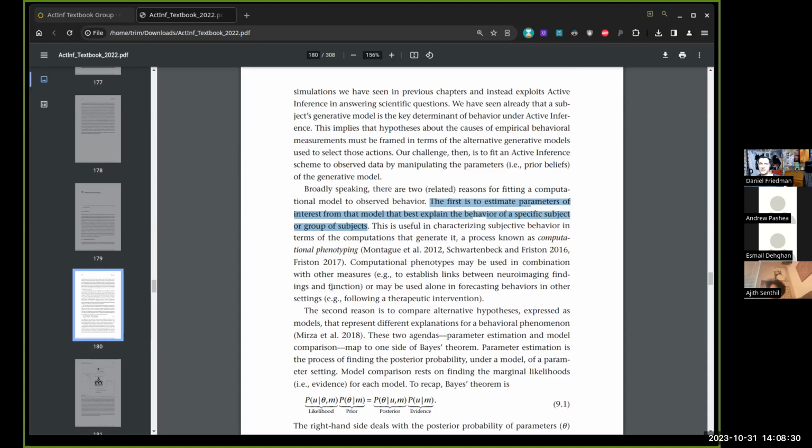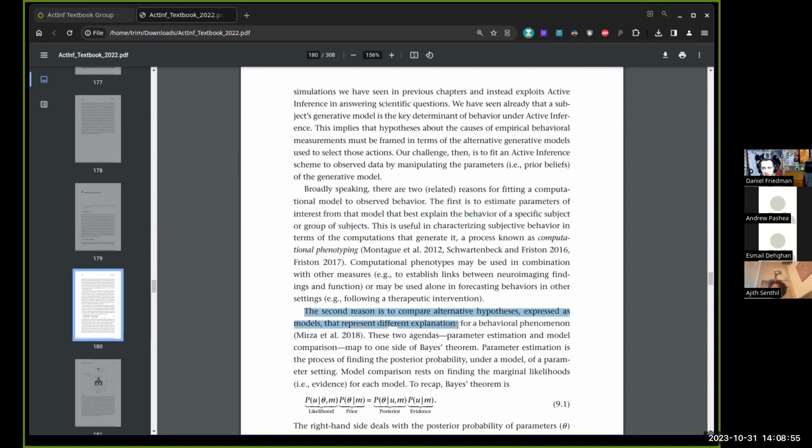So that is taking a fixed model structure and then multiple samples of data. Could be one person on multiple days or multiple people on multiple days, or whatever the design of the experiment is. And then for a fixed model structure, identify something useful about that data, like about one group versus another.